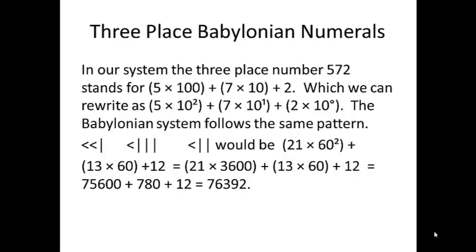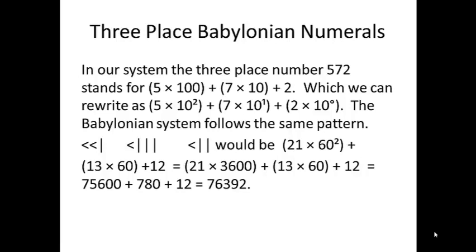The Babylonian system will follow the same pattern. If we have 3 places, the third, which is to say the left-hand place, would be the number of 60 squares. The second place would be the number of 60s, and the first place, the right-hand place, would be the number of 1s.